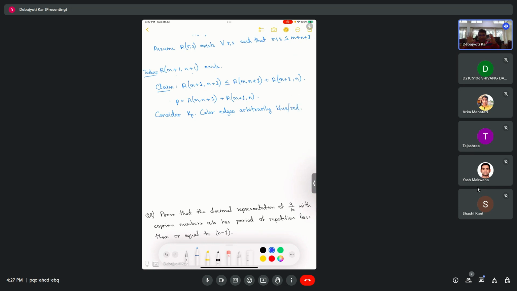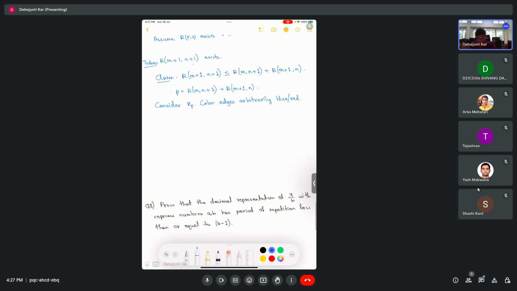So we consider the complete graph on p vertices and we color its edges arbitrarily with blue or red. Let's consider any vertex of this complete graph on p vertices. Now the edges incident on this vertex are all colored either blue or red.